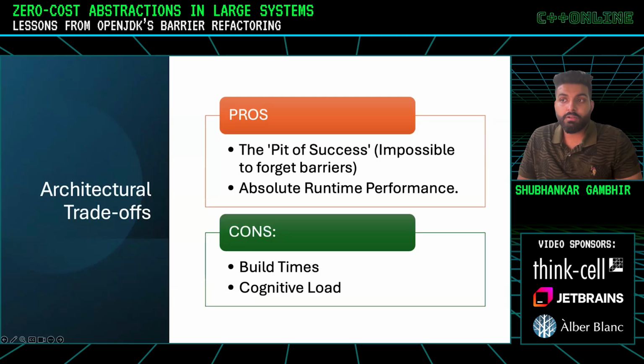Let's look at the architectural trade-offs. As architects, we know there are no silver bullets, there are only trade-offs. The pros: the architecture now creates a pit of success. By forcing the developer to use Access::oop_store, it is literally impossible to accidentally forget a GC barrier. The compiler won't let you.